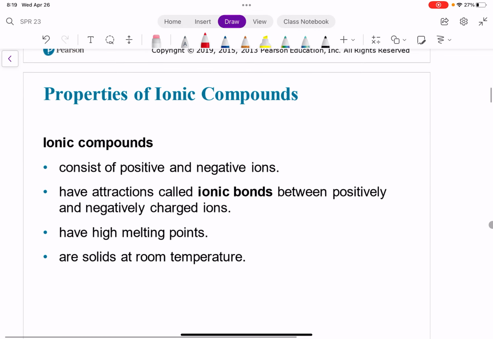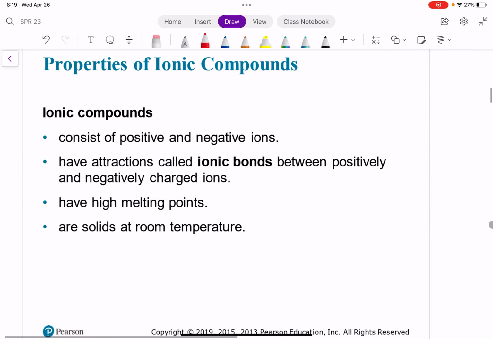All right. Now we can get back to properties of ionic compounds. So ionic compounds consist of negative and positive ions. And they have attractions called ionic bonds between positively charged ions and negatively charged ions, or cations and anions. Okay, they have high melting points. So what does it mean for something to have a high melting point?